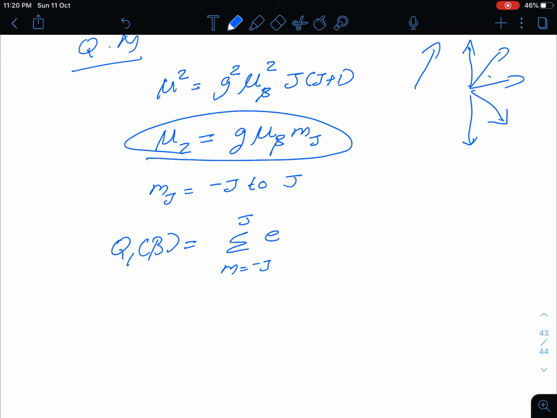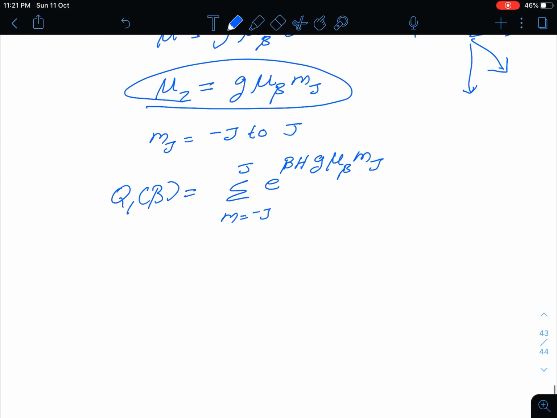So when you finally write it, it would be something like beta mu h cos theta. ഓക്കെ, ബീറ്റ എച്ച് mu cos theta. മ്യൂ കോസ് തീറ്റ എന്ന് പറഞ്ഞാൽ മ്യൂ സെഡ് ആണ്. മ്യൂ സെഡ് നമുക്ക് ഇവിടെ കിട്ടിയിട്ടുണ്ടല്ലോ. That is g mu B m_J.